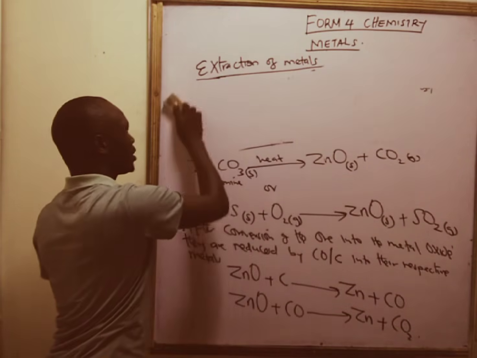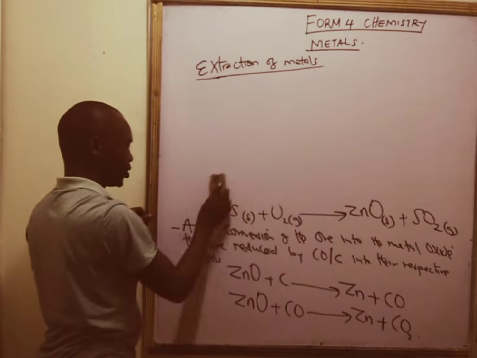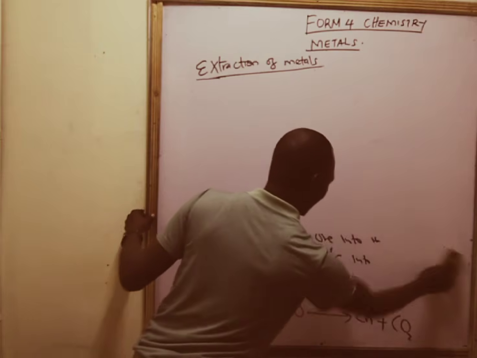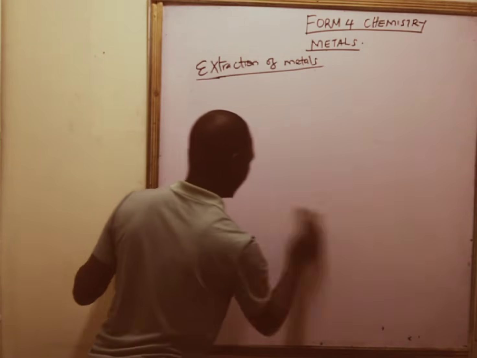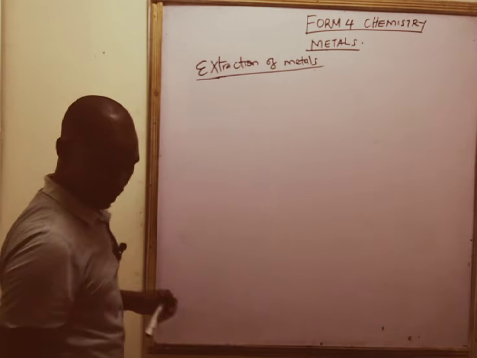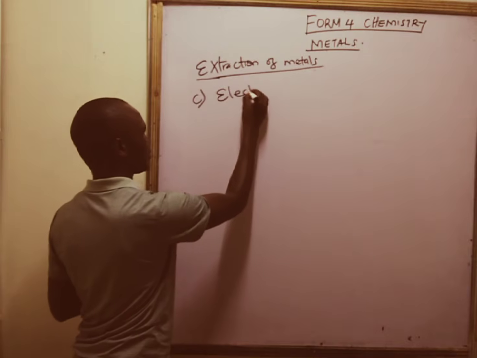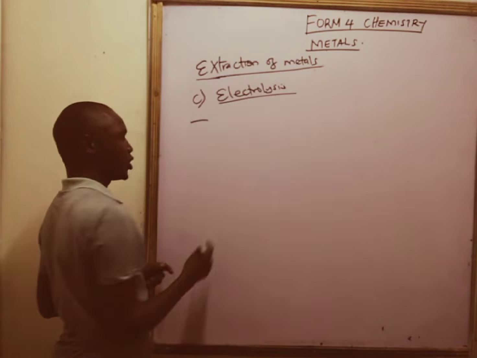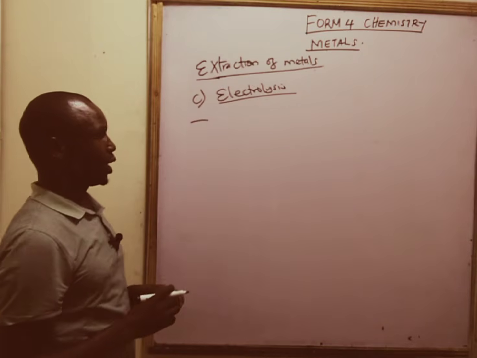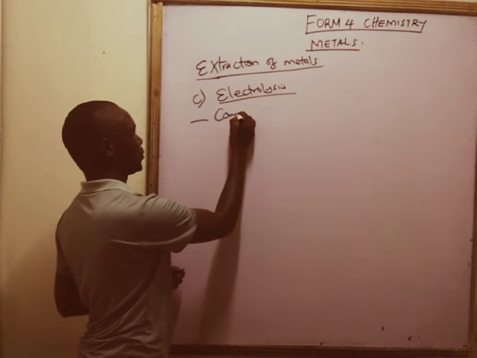The last method that we use to extract metals is electrolysis. We have the third method, which is electrolysis. And this method is used to extract elements which are higher in the reactivity series.